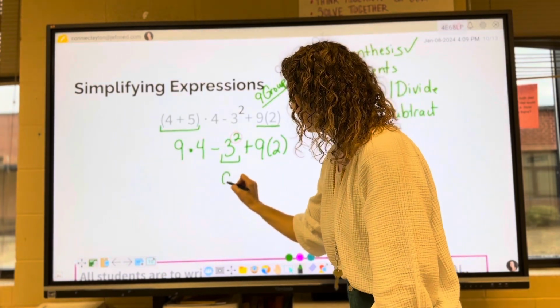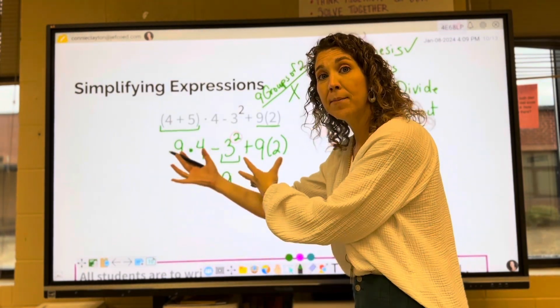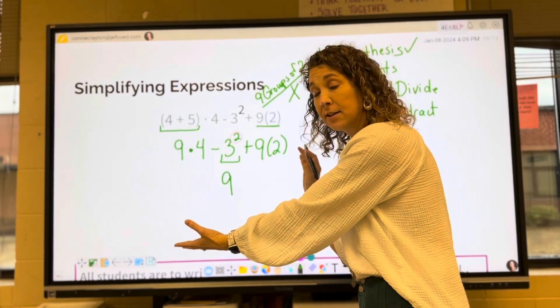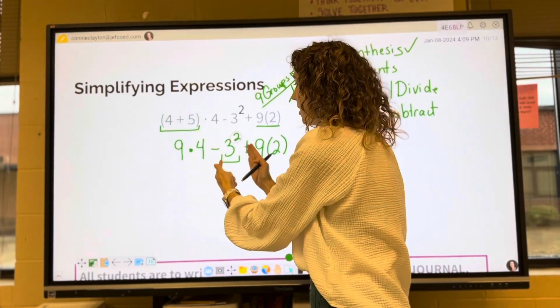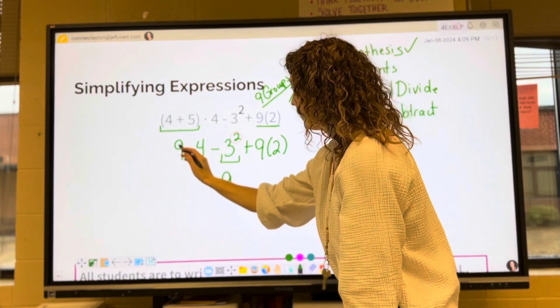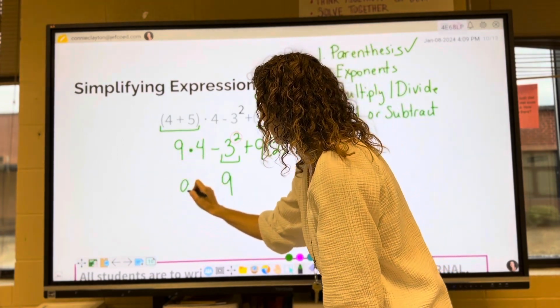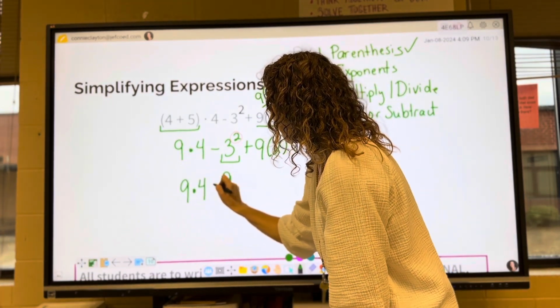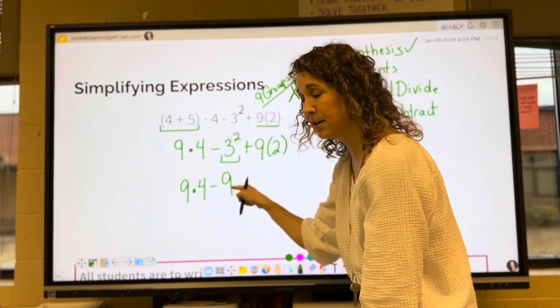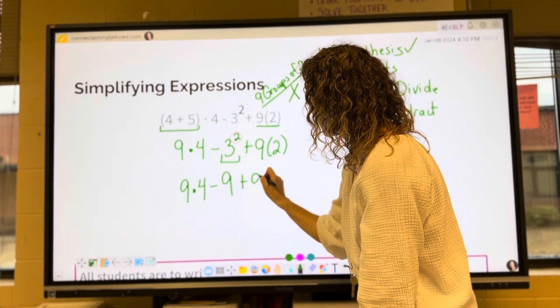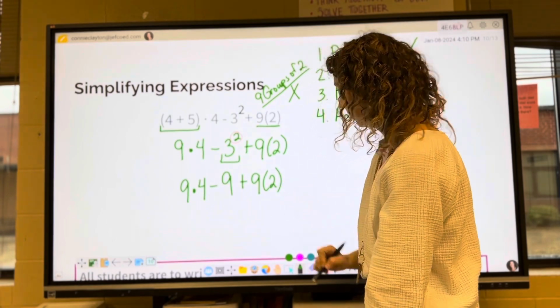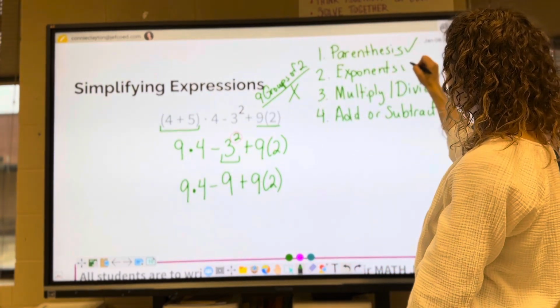I'm going to bring that down. Notice I'm not going in order from left to right. I did parentheses, now I'm doing exponents. I'm going to bring everything else down: 9 times 4 minus 9 plus 9 groups of 2. So now I've done exponents. Done.